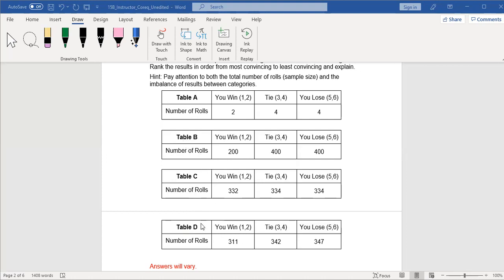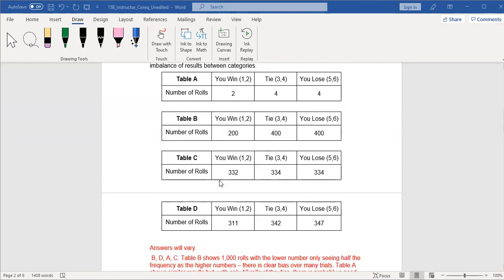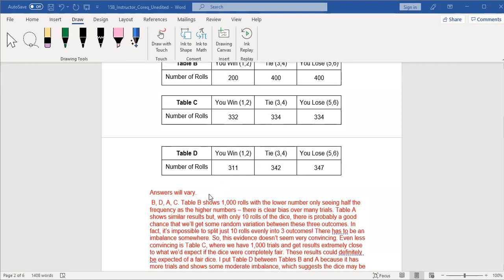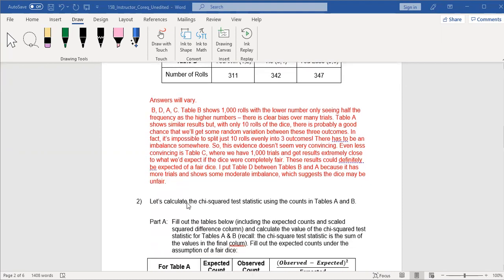So B first, then D, A, and C the least convincing, since the result comes out as we expected if the die is fair. So that's why the rank for us is going to be B, then D, A, and C.